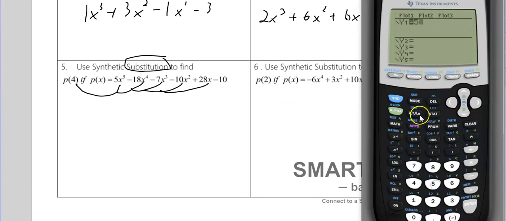I'm going to put 5x to the 5th minus 18x to the 4th minus 7x cubed minus 10x squared plus 28x, and make sure you double check as you enter these that you're hitting them right, minus 10.